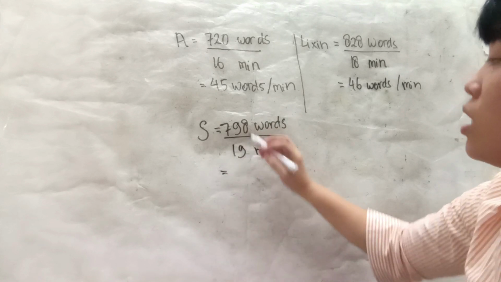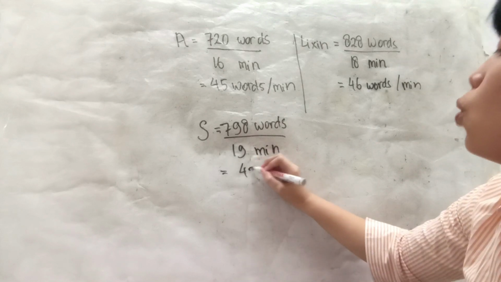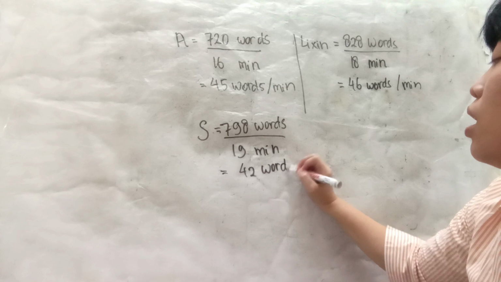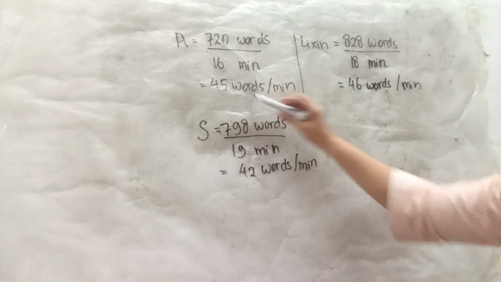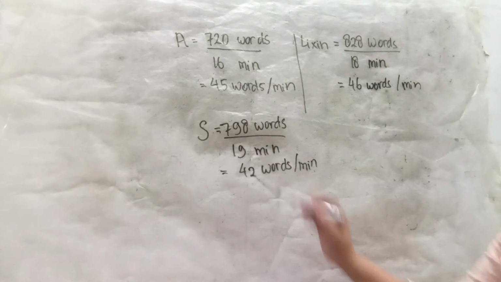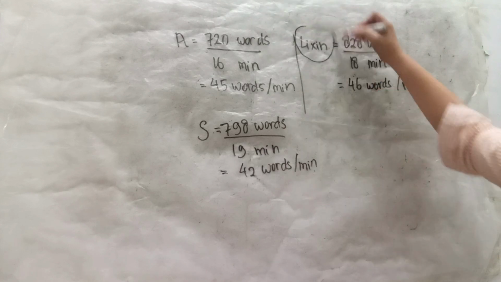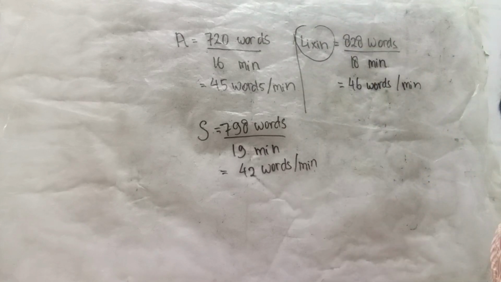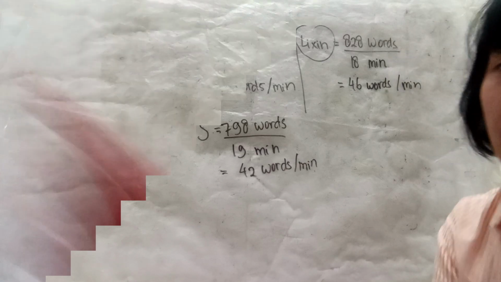So when we divide it, 798 divided by 19, later you will get 42 words only per minute. So look here, 45 words per minute, 46 words per minute, 42 words per minute. So the fastest one, of course, Lixin, because 46 words per minute. This is for practice now 7, page 235.